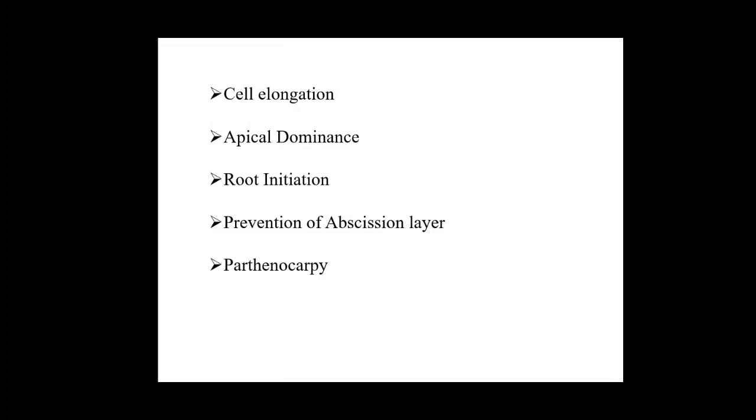Generally, a layer of tissue is formed at the base of the organ. For example, a layer of tissue is formed at the base of the petiole in mature leaves in the case of deciduous plants. This layer of tissue is called the abscission zone. The cells of this zone are thin-walled and without deposition of lignin or suberin.